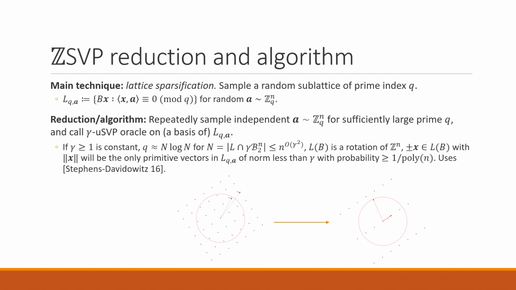I should say, by combining a reduction from Lyubashevsky and Micciancio and an algorithm from Aggarwal, Dadush, Regev, Stephens-Davidowitz, we get a 2 to the n over 2 time algorithm for, say, 2 USVP. Okay, so that's what I want to say about the algorithm.